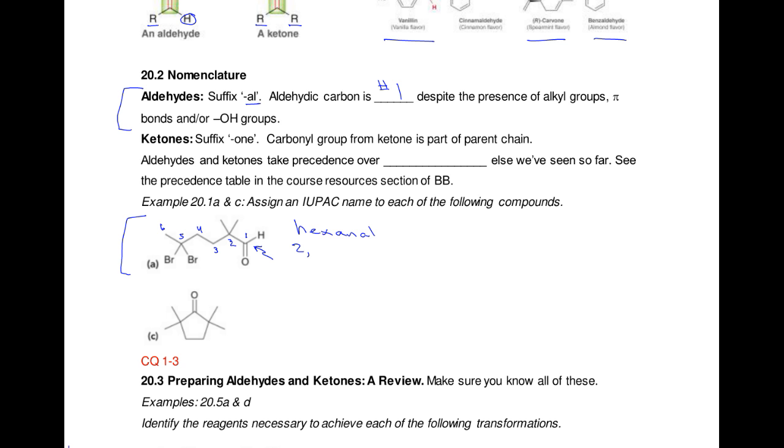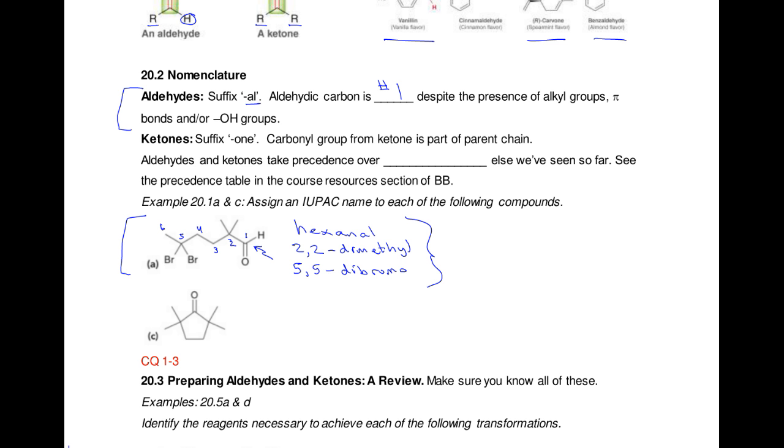and then we have 5,5-dibromo. Those are all the pieces that we need to name this aldehyde. If we assemble them all together, we do it in alphabetical order, and the prefix "di" doesn't matter for alphabetical order.